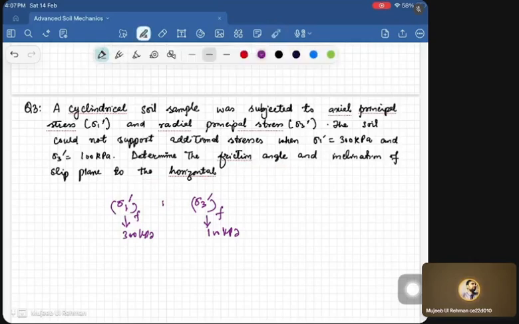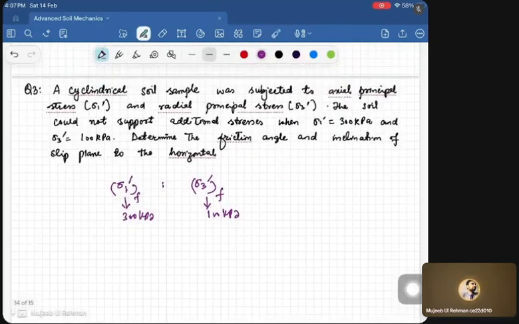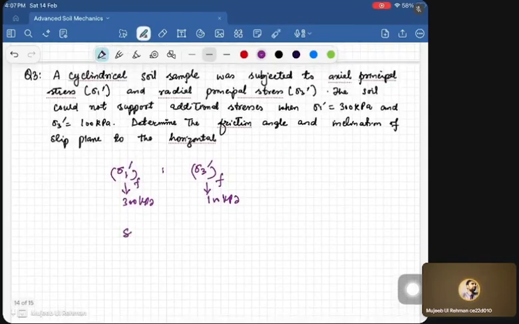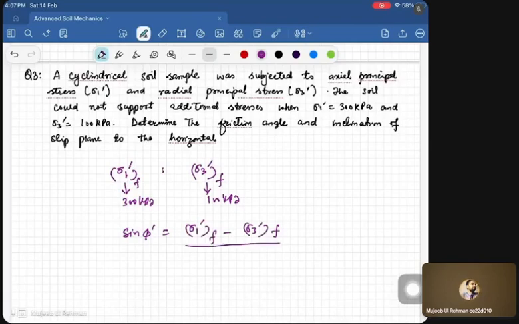Now for determining the friction angle, we know the equation: sine of phi dash is equivalent to sigma 1 dash at failure minus sigma 3 dash at failure, divided by sigma 1 dash at failure plus sigma 3 dash at failure.